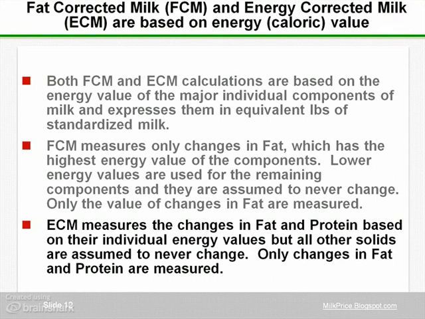Energy-corrected milk that had 3.8% fat and 3% protein would also have 300 calories, as discussed on the prior slide. However, energy-corrected milk that had 3.2% protein would have 304 calories for additional calories. In the final fat-corrected milk and energy-corrected milk calculations, the corrected numbers are expressed as pounds of corrected milk, but they are based on the caloric value.